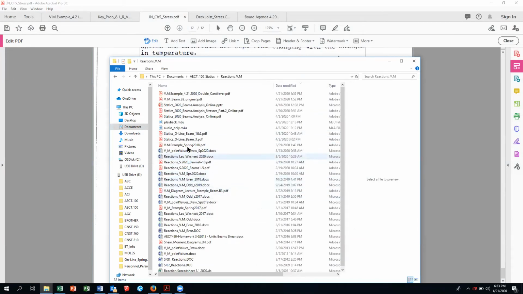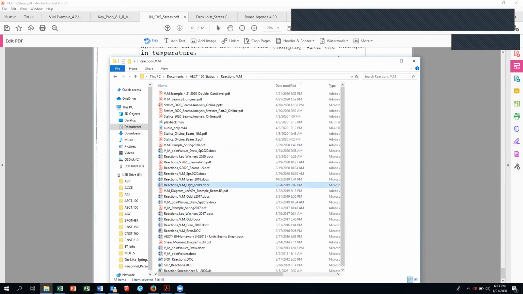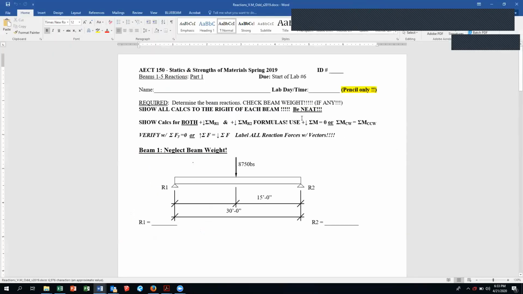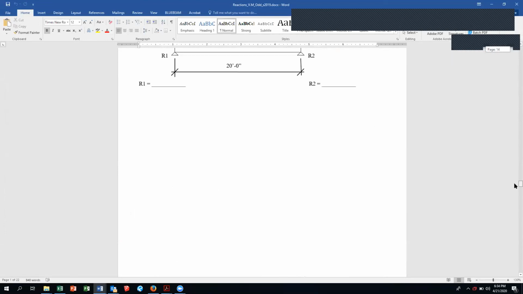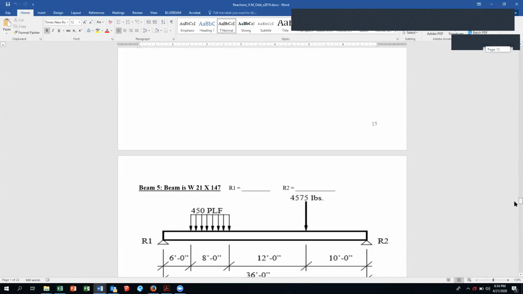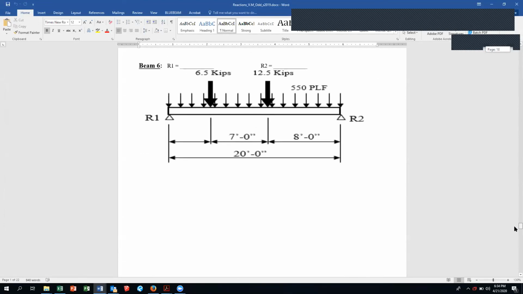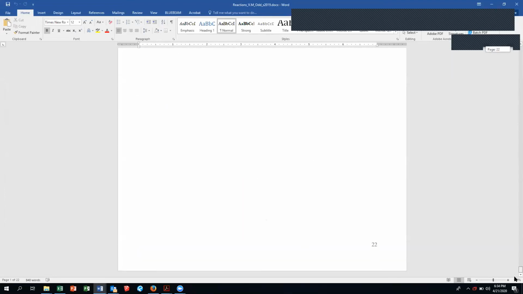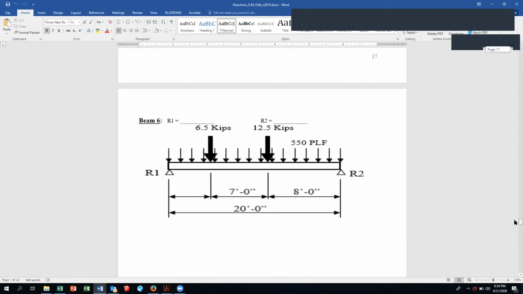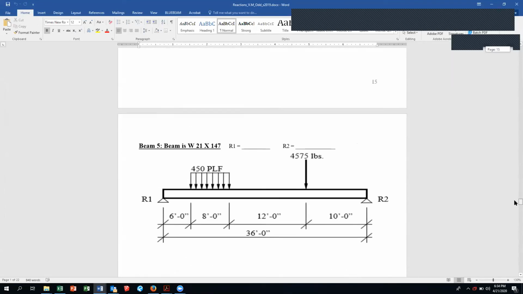Beams 6 through 10. I could have sworn I saw it.